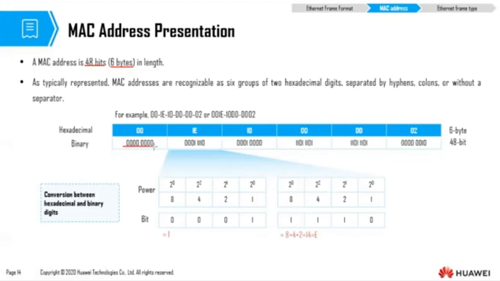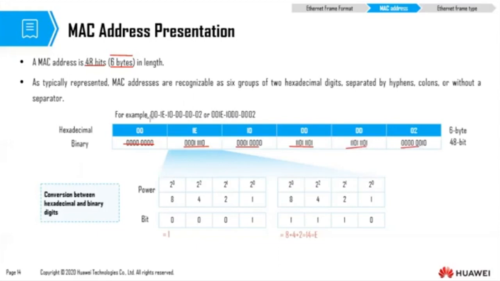In total, 48 bits is what? 6 bytes, right? And normally in binary, it is written in groups of 8 bits, 8 bits, 8 bits, 8 bits.